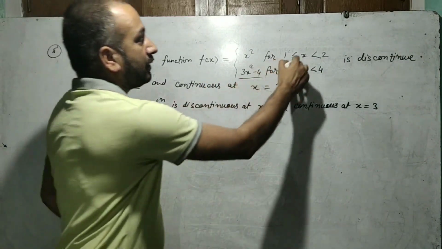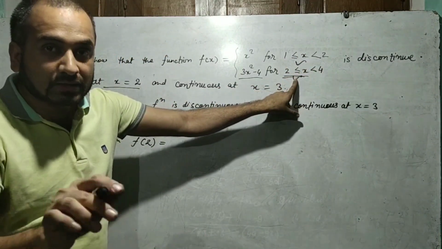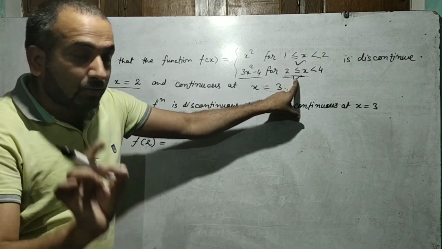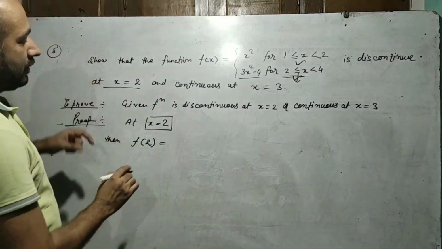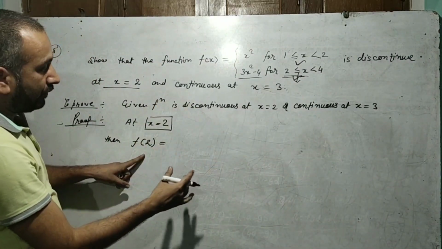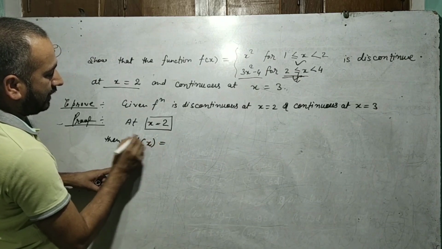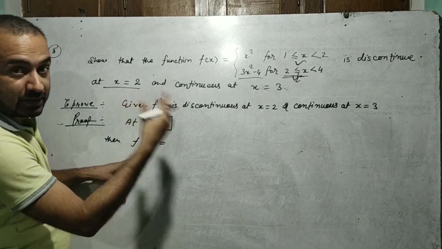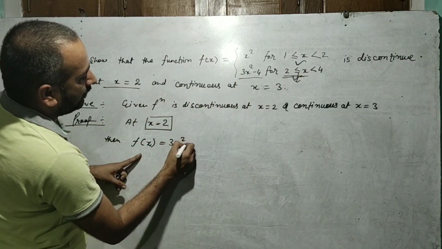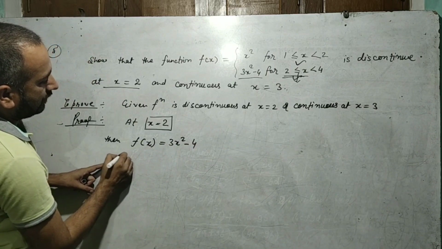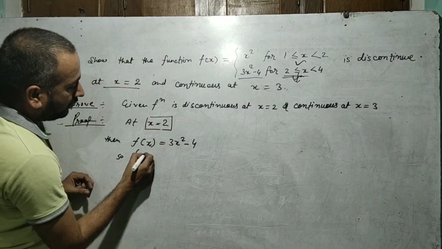We can't take the other one, because there x is not equal to 2, but here equality applies. So f of x is 3x square minus 4, and I need to tell you the value of f of 2.